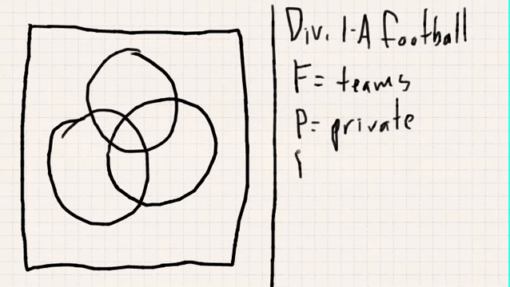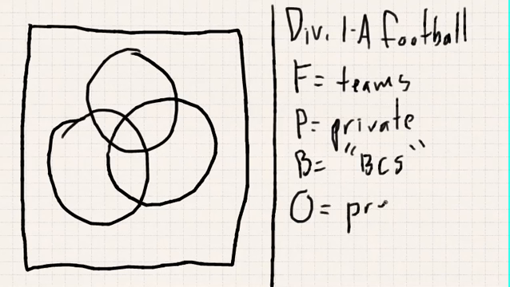I'm going to let B stand for those schools which are in a quote-unquote BCS conference, which means they're basically the major conferences. I'm going to let O stand for old teams, those who started playing before 1900. And there are a surprising number of really old teams.